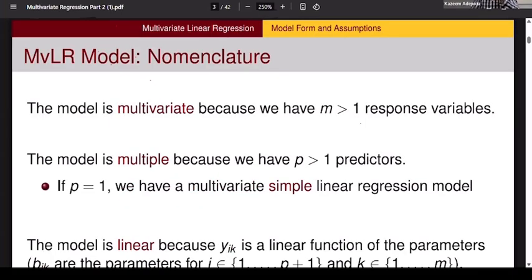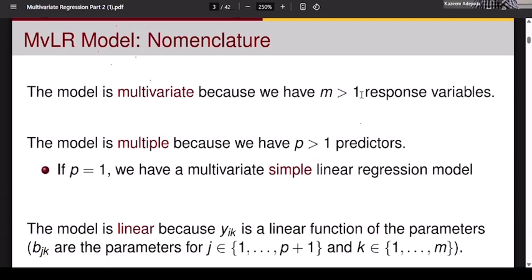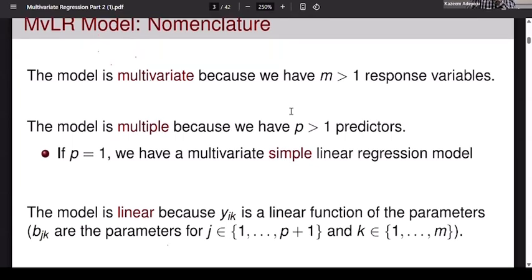That is why you see m greater than 1, where m represents the number of dependent variables. So this is applicable to situations where the number of dependent variables is more than 1. And of course, p greater than 1 means I have more than one explanatory variable. I also have more than one predictor. I need you to pay attention.